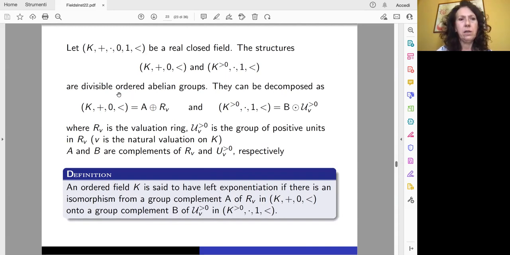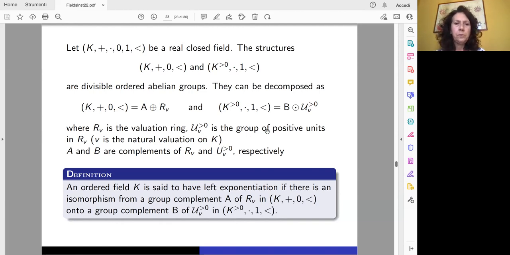These are divisible ordered abelian groups, and we can decompose them as follows, where this is the valuation ring, and this is the positive units in the valuation ring. And A and B are respectively a complement of RV and a complement of UV.